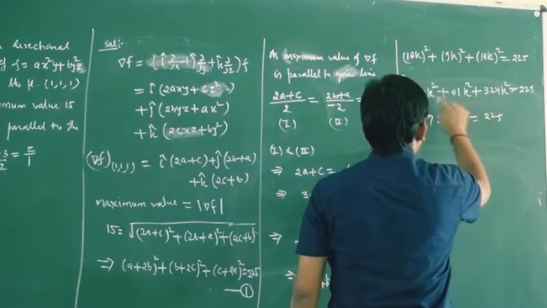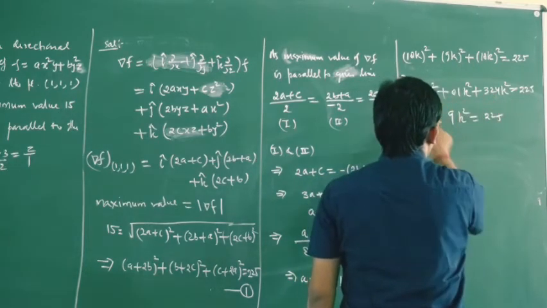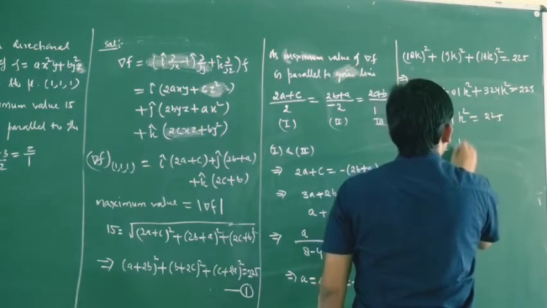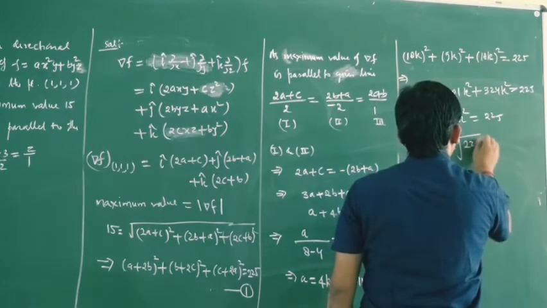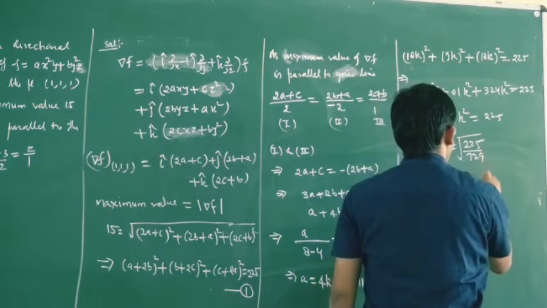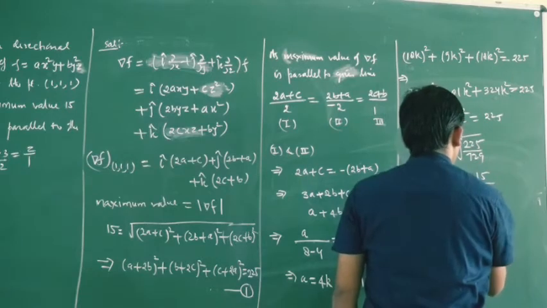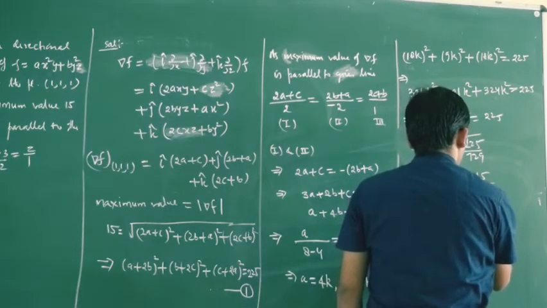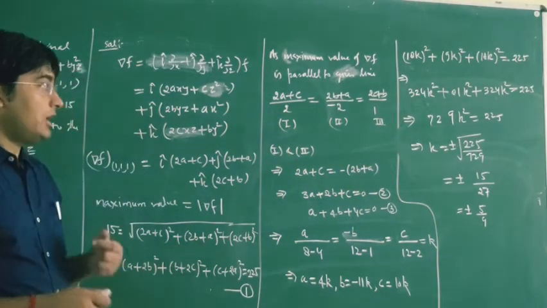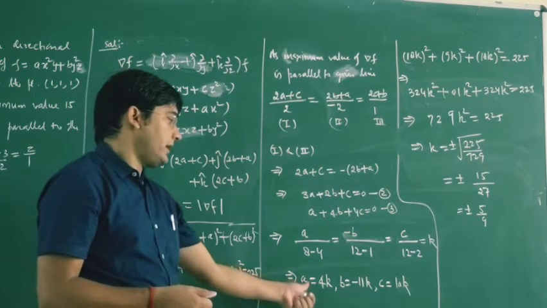So from here our k will be plus minus the square root of 225 upon 729, and this is equal to plus minus 15 over 27. So it is equal to plus minus 5/9. So this is your k. Now your k is 5/9, so from here we have the values of a, b and c.